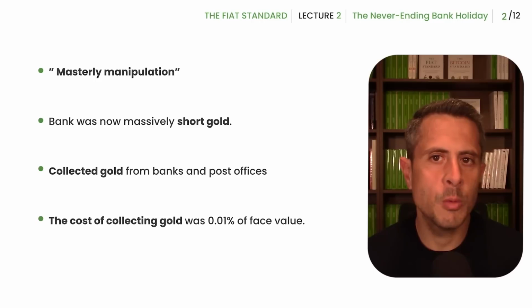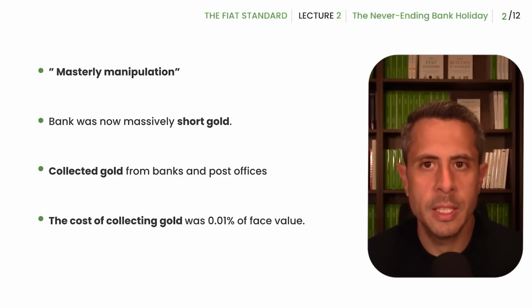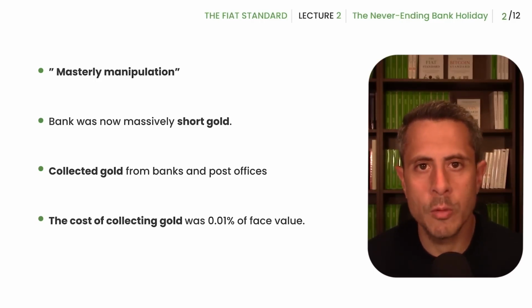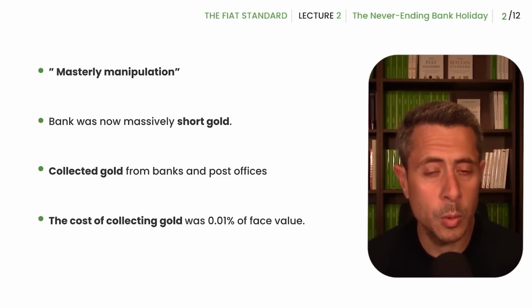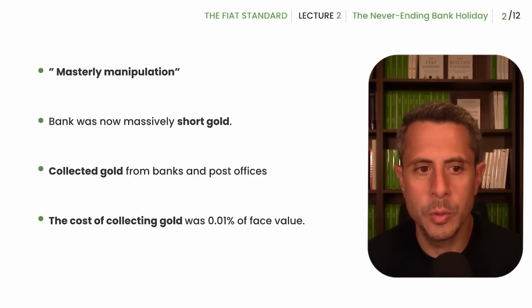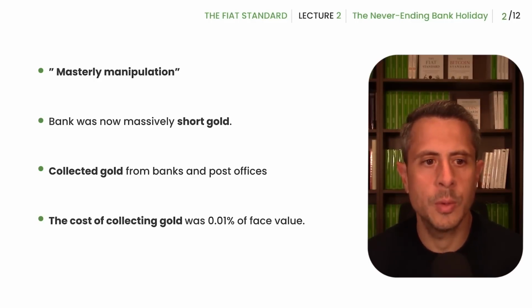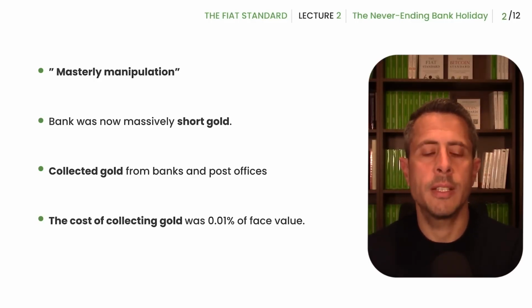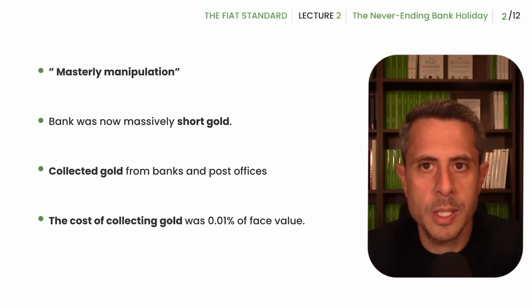So now the Bank of England was massively short gold. It had effectively printed a whole bunch of money to go to finance the war bonds, and it had a lot of outstanding paper money, but not enough gold to back it. So what did they do? Well, they started collecting the gold from the banks and the post offices.